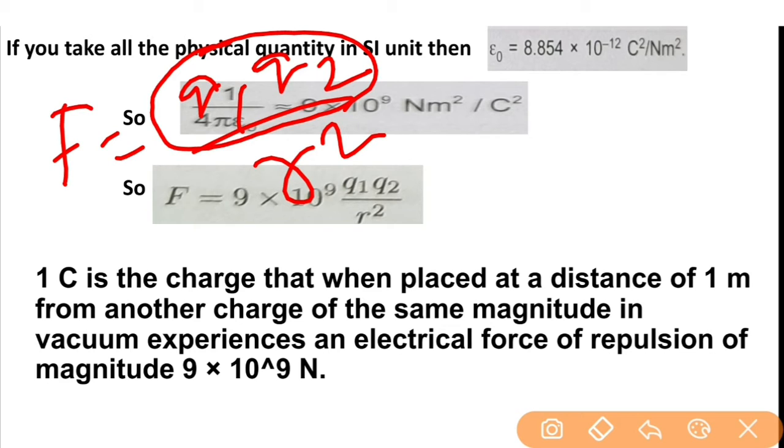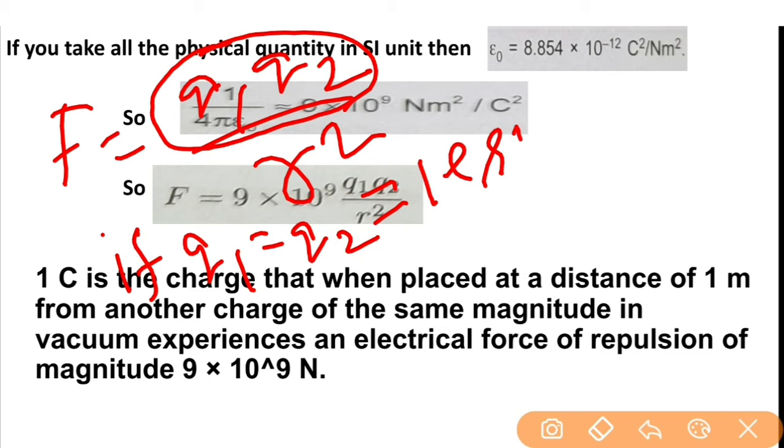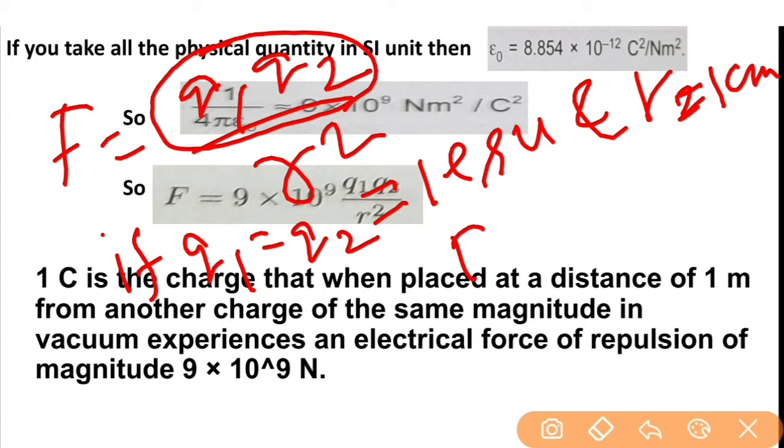If Q1 and Q2 are each 1 ESU and R equals 1 centimeter, then F equals 1 dyne.